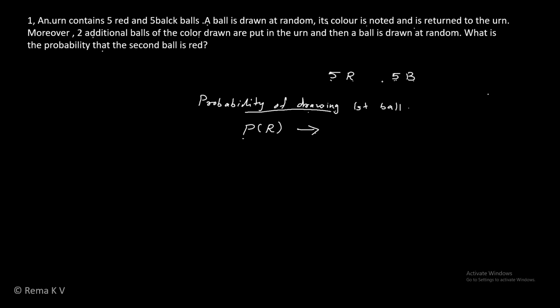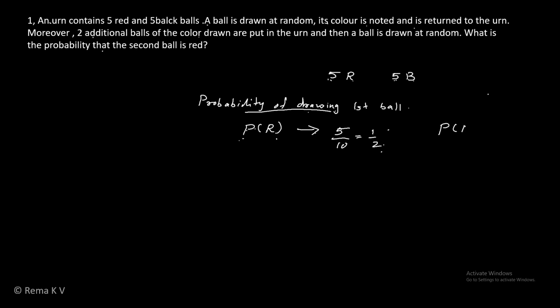That's what we are considering here. So to get the probability of a red ball, number of red balls divided by total number of balls in the urn. It is 5 by 10, which is equal to 1 by 2. So this is the first case. If the first ball is a red ball, its probability is 1 by 2.